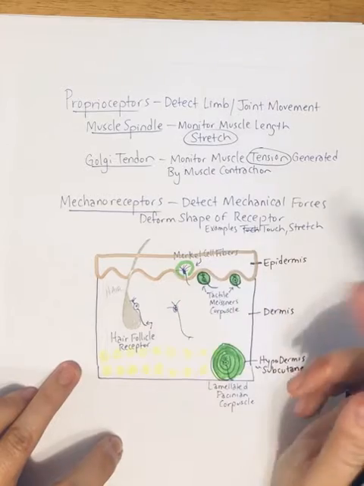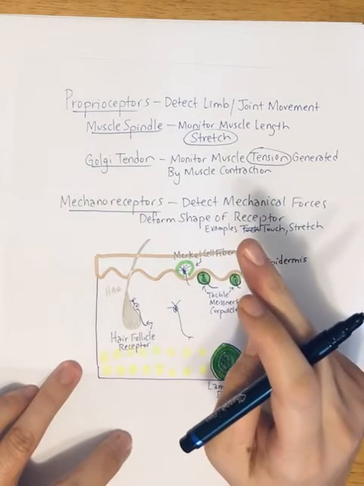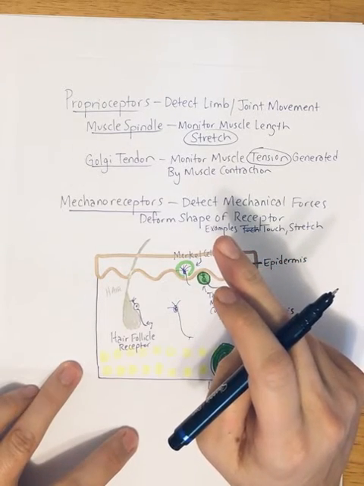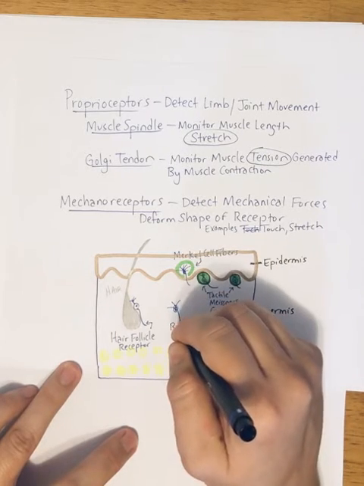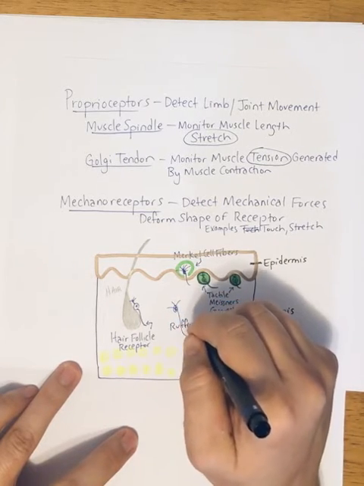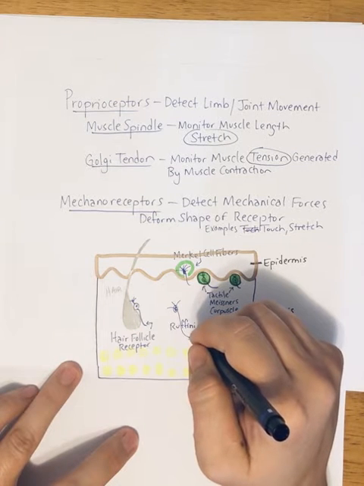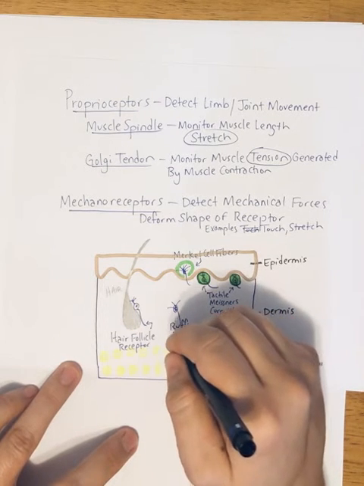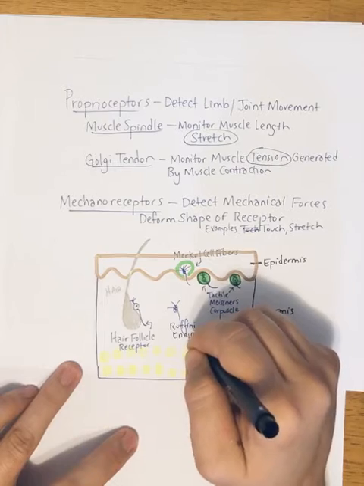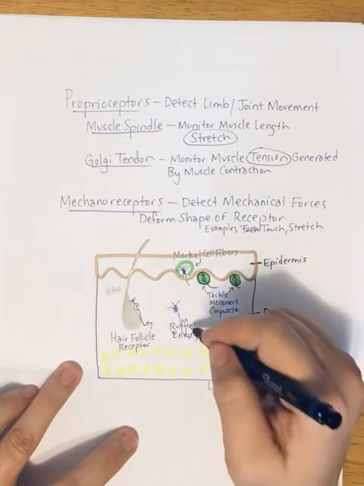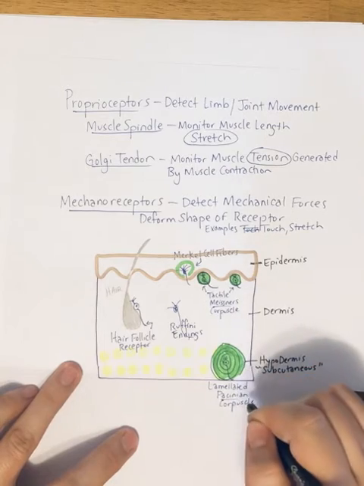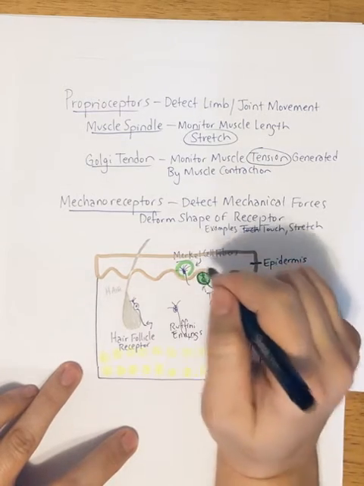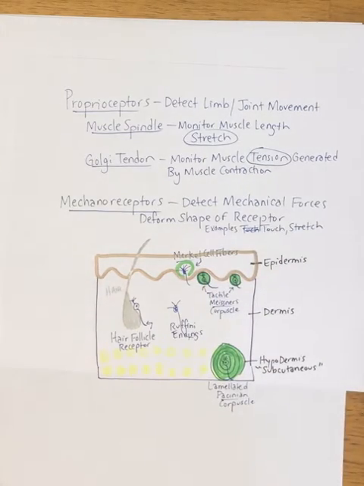And the one that's right here by itself is going to be called Ruffini endings. Most of these are named according to the scientists: Ruffini, Meissner's, Pacinian, Merkel. All of these are named according to the scientists that found them.